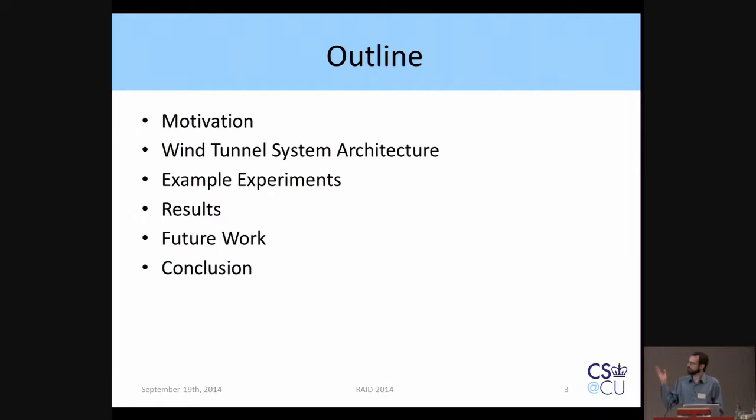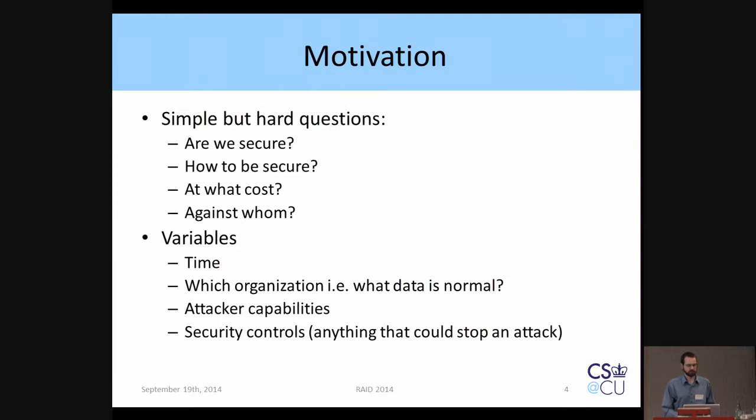So now I'll talk a little bit about the motivation behind this work, and then describe the system architecture of Wind Tunnel, and then I'll talk a little bit about some of the example experiments that we did to show what kind of capabilities you can do with this framework, the results of those, and then I'll conclude with some future work and concluding thoughts.